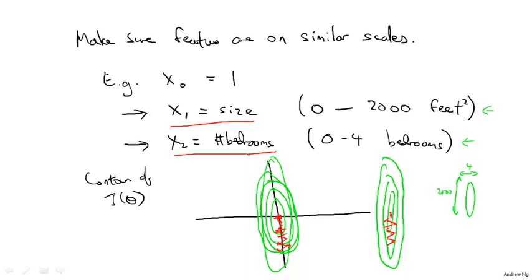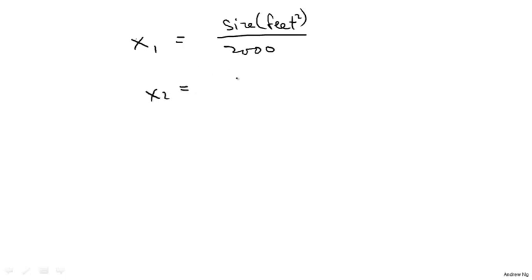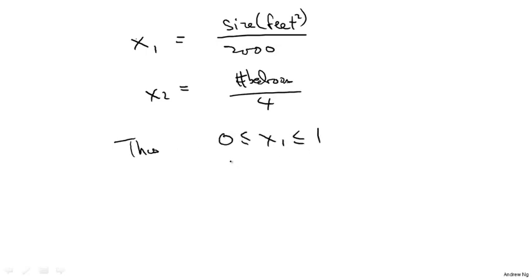So in order to fix this, one thing you can do is just rescale your features. You can let x1 be equal to the size of the house in square feet divided by 2000, and let x2 be equal to the number of bedrooms over 4. If you do this, then x1 and x2 are both in a similar range of values and lie between 0 and 1.